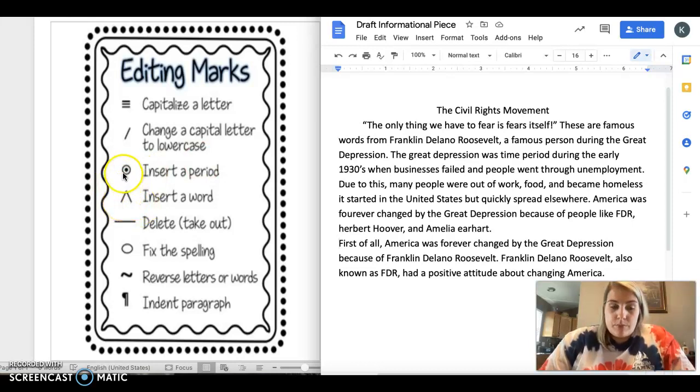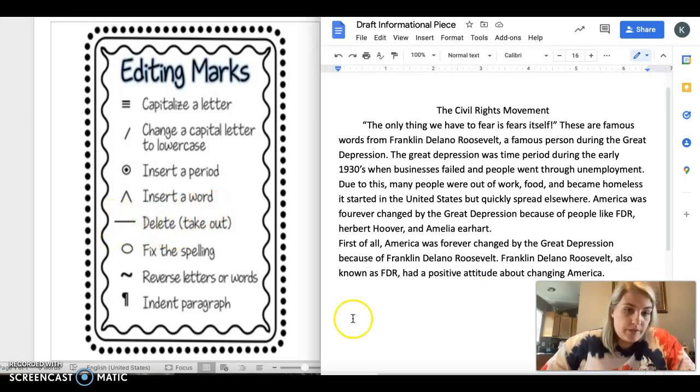This little caret symbol, that's what they call that, is where you need to insert a word. So sometimes you may be typing and something doesn't quite sound right. So that little caret means you need to insert a word. And usually your peer or another person would tell you which word may need to be inserted in there.